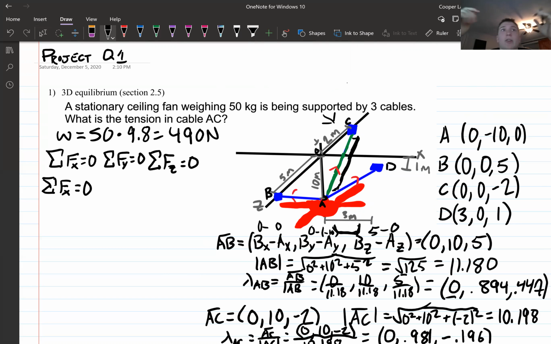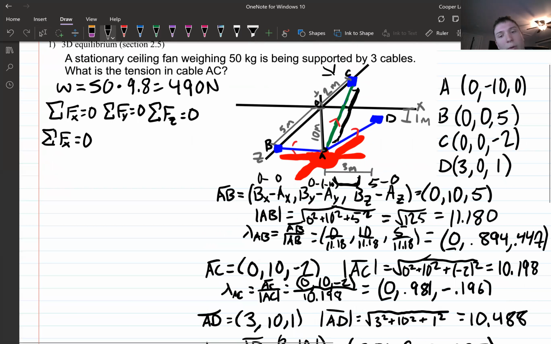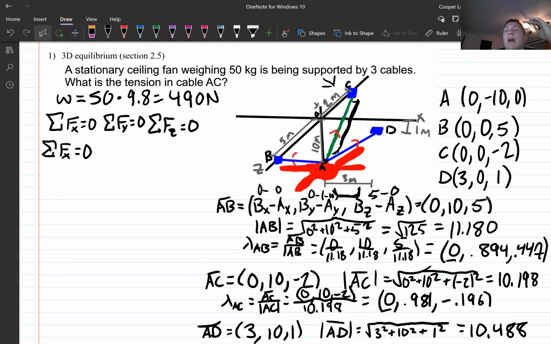Keep in mind my tension has to be multiplied by my lambda values. That way I actually have the amount of tension in that one direction versus the tension in all directions. However, we are still trying to find the tension of all the directions in cable AC. But to start off with, we're going to just do that.